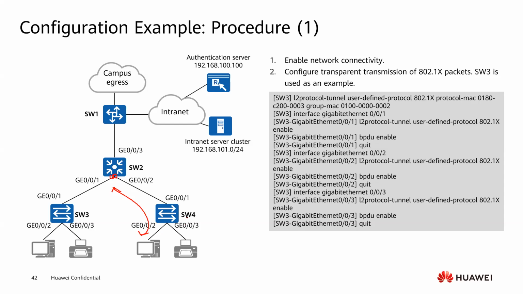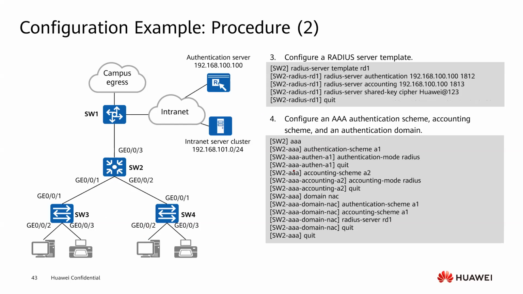For these two access devices, you need to enable the layer 2 protocol to transparently transmit through it. And then you need to configure the RADIUS server template for the RADIUS server's IP address, for the authentication IP address, the accounting IP address, and for the cipher.